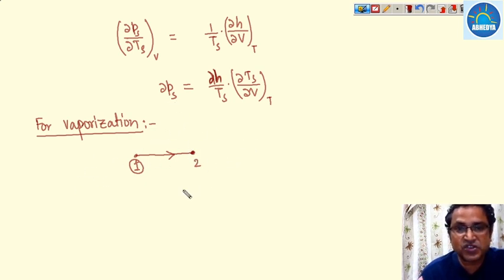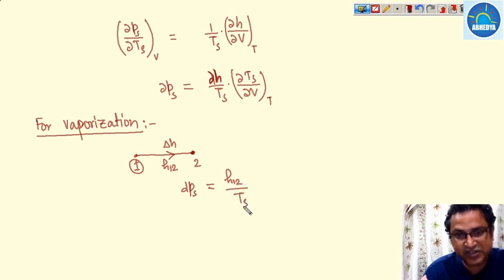So dPs is, suppose this delta H is the change in enthalpy during this process, and this may be written as H12, that is H2 minus H1, divided by T saturation, because from 1 to 2 the temperature remains constant, and we have assumed that H2 minus H1 is equal to delta H into Ts, that is dTs over dV.